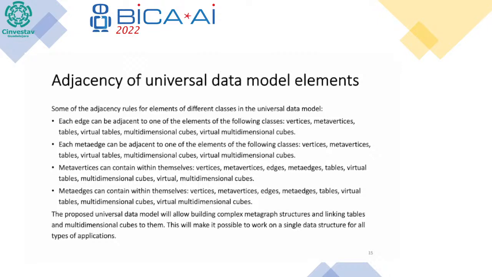The proposed universal data model will allow building complex metagraph structures and linking tables and multidimensional cubes to them. This will make it possible to work on a single data structure for all types of applications.